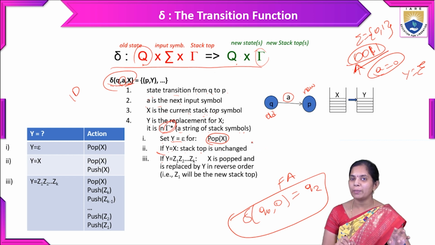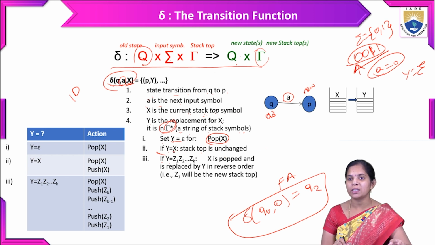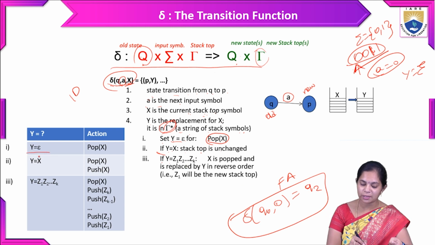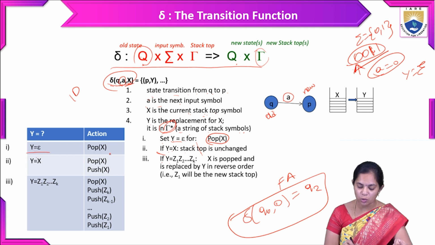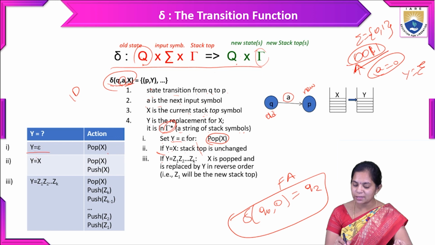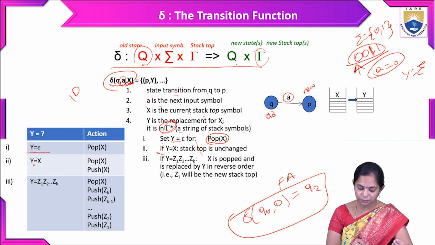So based on the language, we have to perform the push and pop operations onto the stack. If Y is equal to epsilon, we have to pop the X. And what is that X? The X value is the top of the stack symbol.